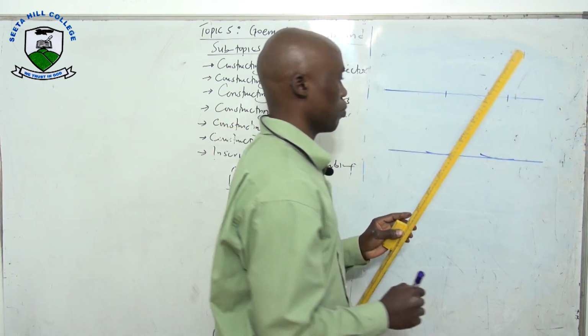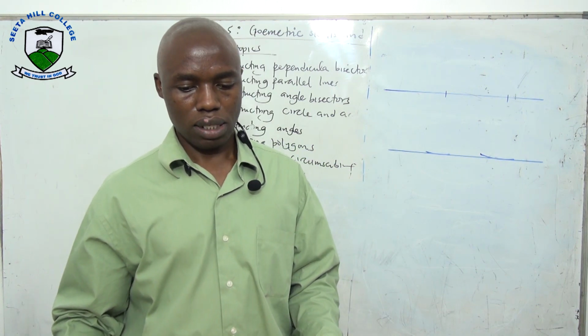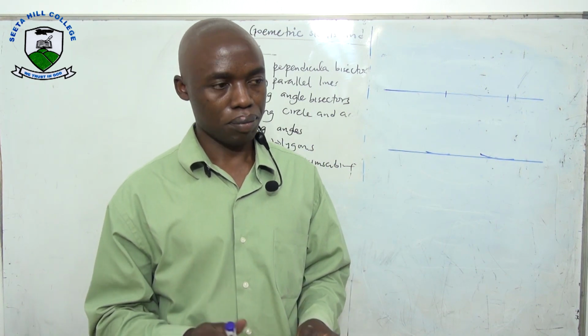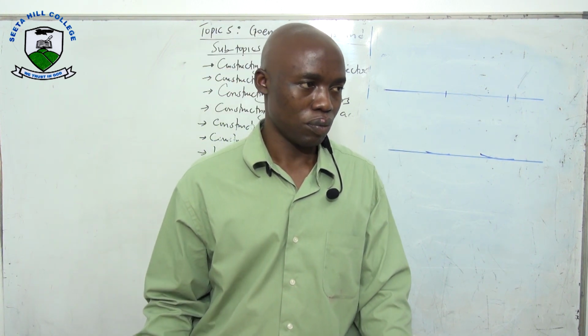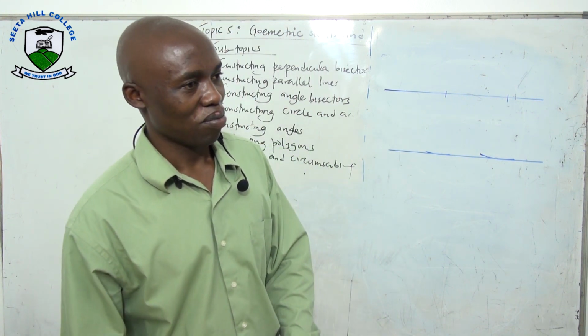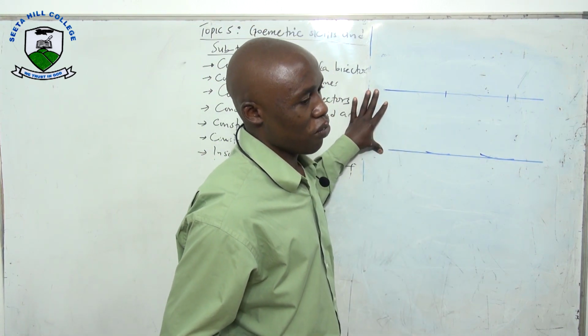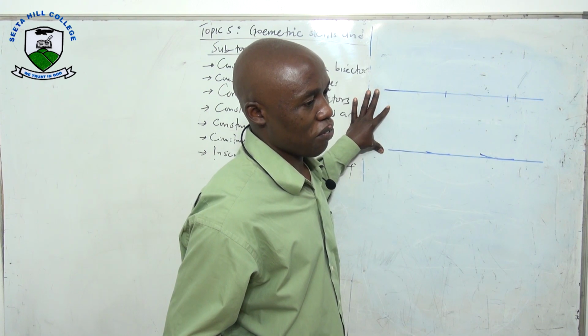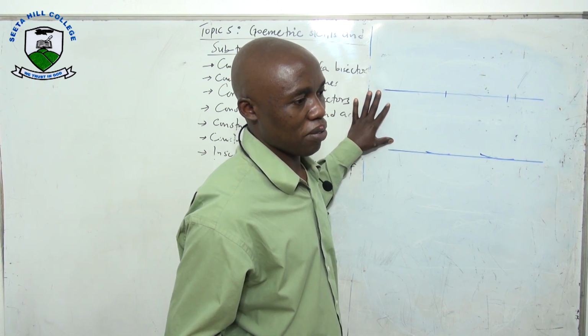Now the other part said what? Now this line never ends, therefore we don't have a fixed distance on it, not so?